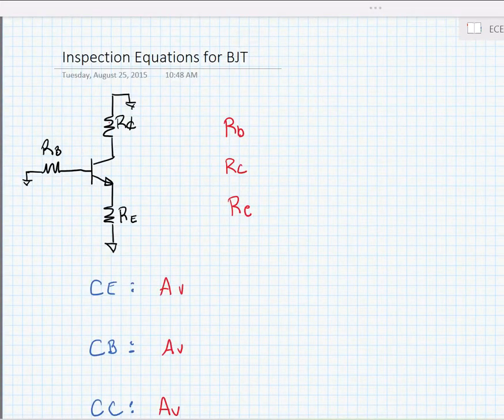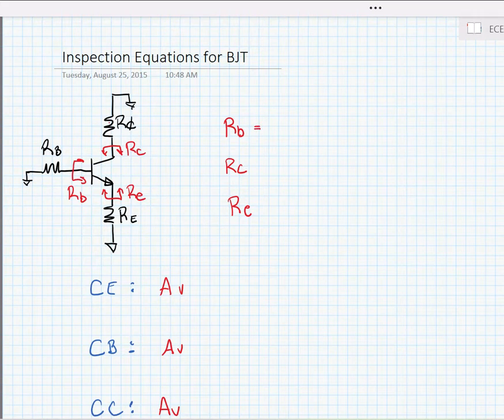We can do this also for a BJT. We have R big B, R_S, and R_E as our extrinsic resistors. And we also can find the resistances looking into the terminals of the transistor, R little b, R little e, and R little c.